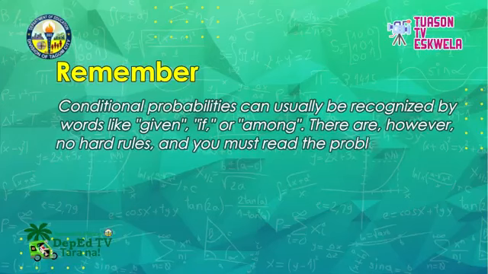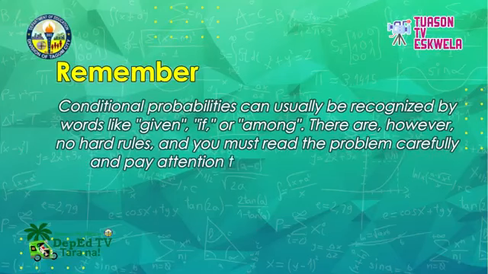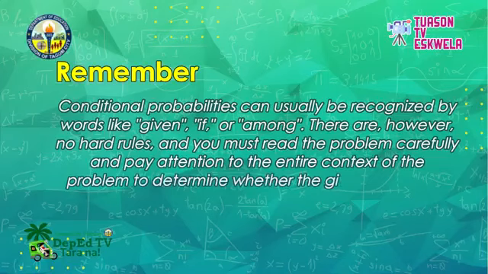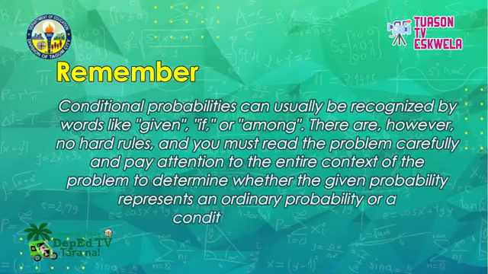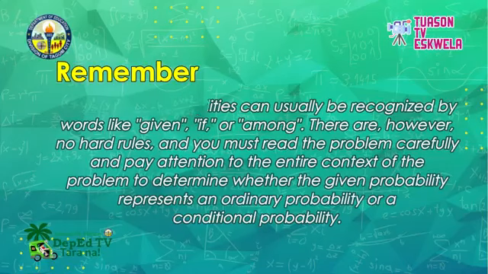There are, however, no hard rules, and you must read the problem carefully and pay attention to the entire context of the problem to determine whether the given probability represents an ordinary probability or a conditional probability.